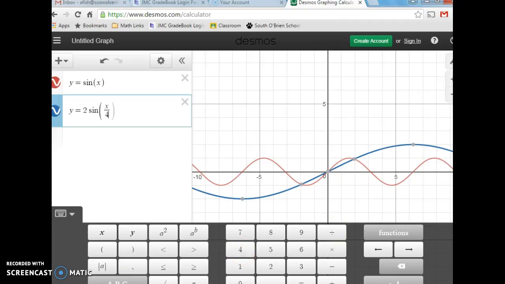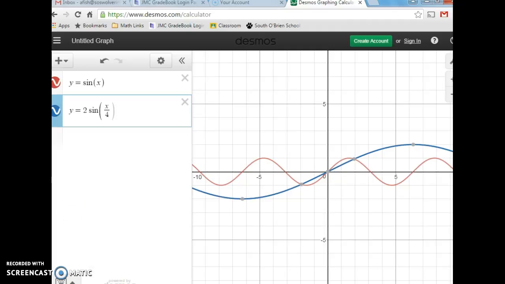Okay, so if we look at this, our picture here has now changed a little bit. We have our original in red, and then in blue is our new one. It's a great thing about Desmos, we can color coordinate everything. So now, instead of going from -1 to 1, I'm now going from -2 to 2. That number is represented here.